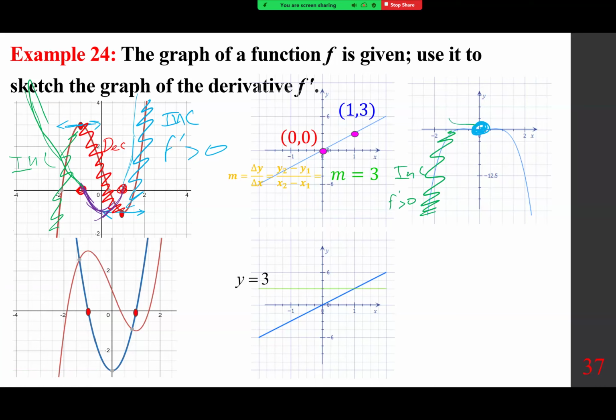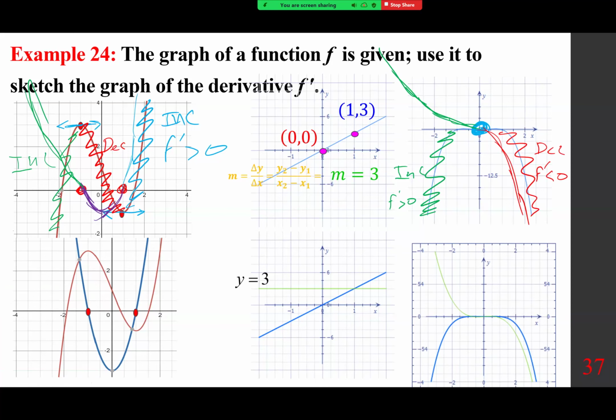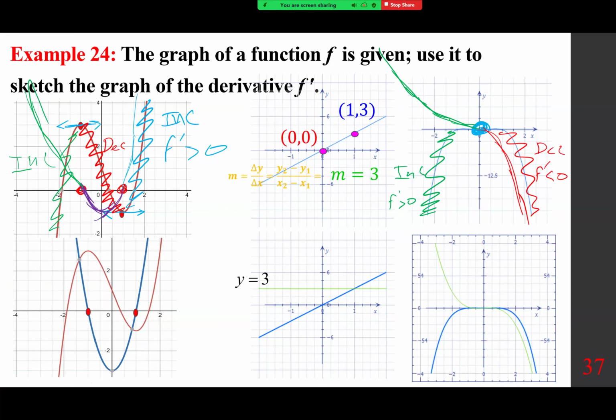So it's above the x-axis, and it doesn't have to look good. It's roughly that, and this portion is decreasing, which means f prime is negative, so it has to come back down somehow. Okay. Pretty straightforward, I believe. That's how you do the graphing.